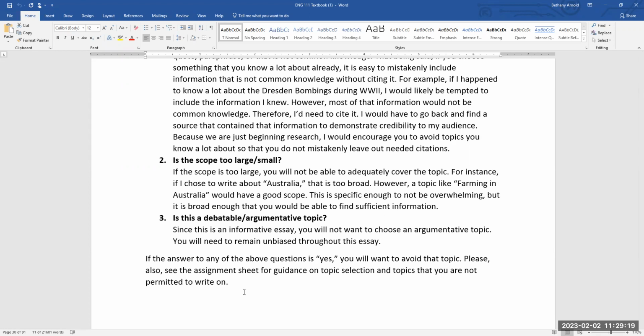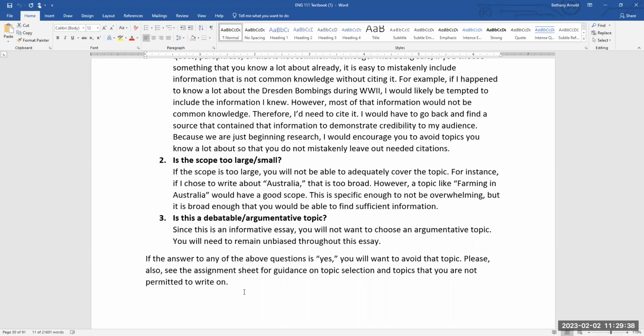So beyond topic selection, the next thing that you want to do is start thinking about structure. You are not yet writing the essay at this point, but anytime you choose a topic, you want to begin with the end in mind. So with any essay, this would be the case.